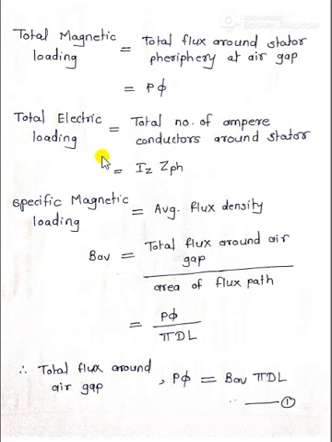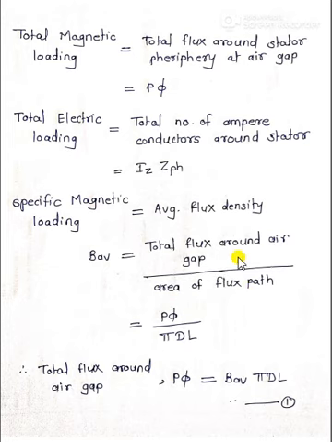Total electric loading means total number of ampere conductors around stator, that is IZ into Z phase. Now next, what is specific magnetic loading? Specific magnetic loading is nothing but average flux density and the notation is B average. So B average is equal to total flux around air gap divided by area of flux path.